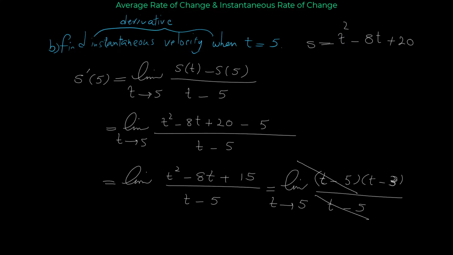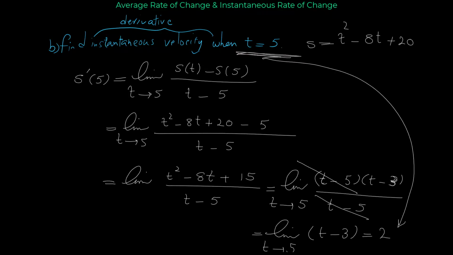T minus 5 and t minus 5 cancel each other and only t minus 3 remains. And t approaches 5. If you plug in 5 here, the answer is 2. So the instantaneous velocity when t is 5 equals 2. So the velocity at t equals 5 is 2.